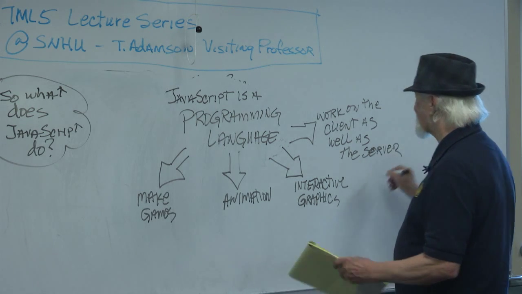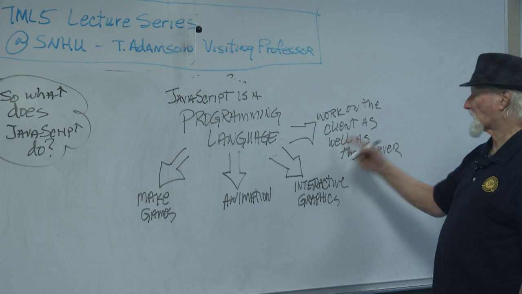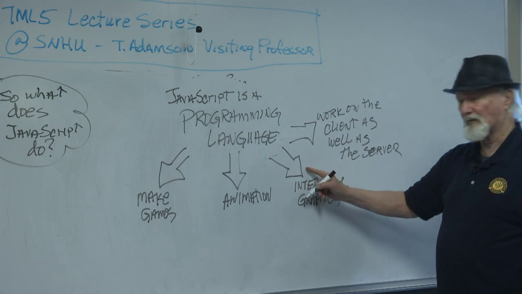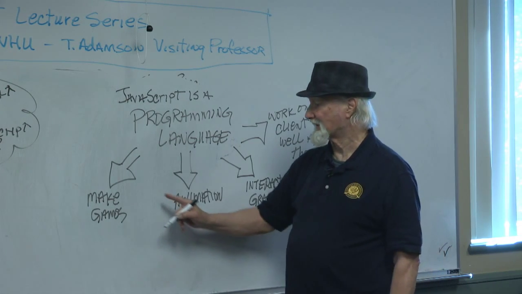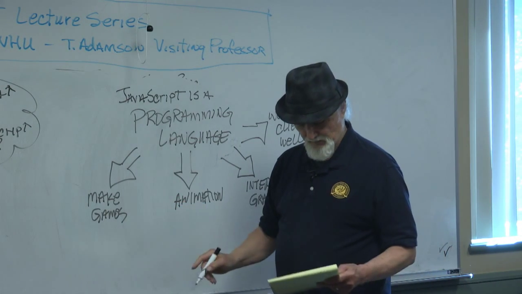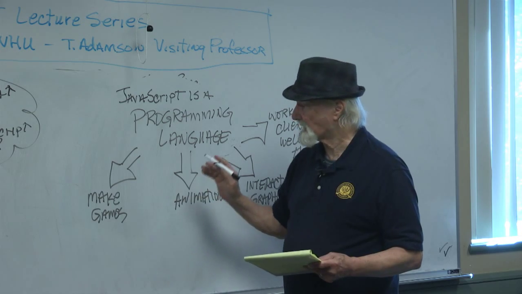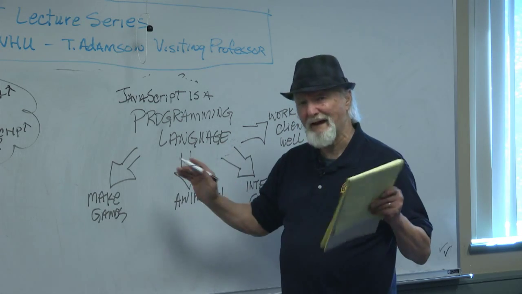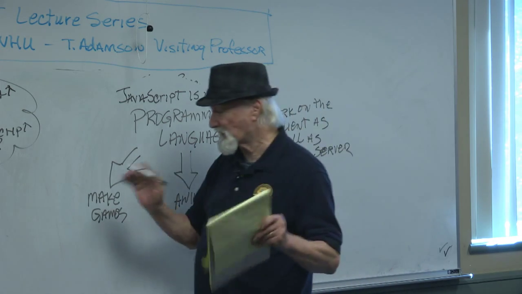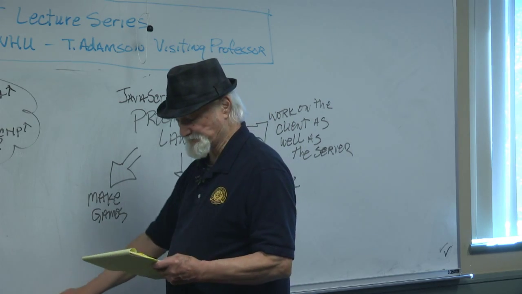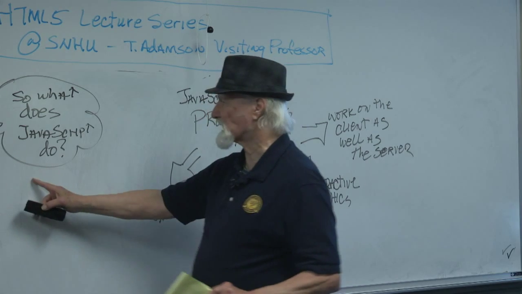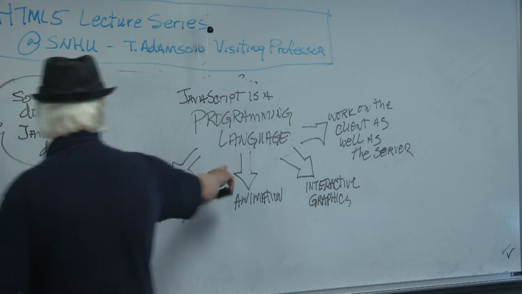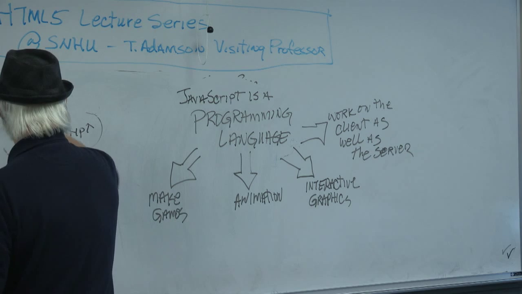In other words, JavaScript can work in the cloud as well as working on the client. It can do interactive graphics. It can do animation. It can make computer games. JavaScript makes my web page dynamic, so I can interact with it. Okay. Now, here's an important thing about JavaScript. So we answer this guy's question. Some of the things that JavaScript does.